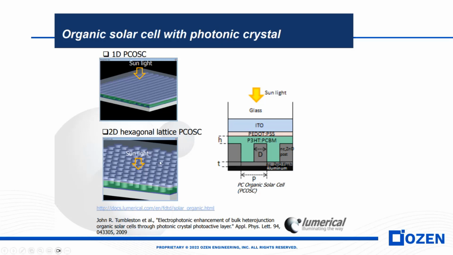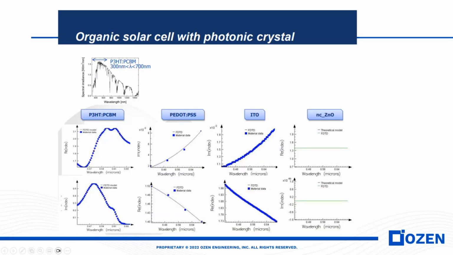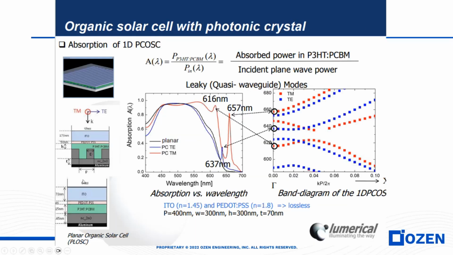You see that we have a photonic crystal at the top of the surface. So again, the real part and imaginary part of different materials. Interesting here that we have a photonic crystal. This is a band structure of the photonic crystal for TE and TM modes. So you see here at this point, we have slow light.